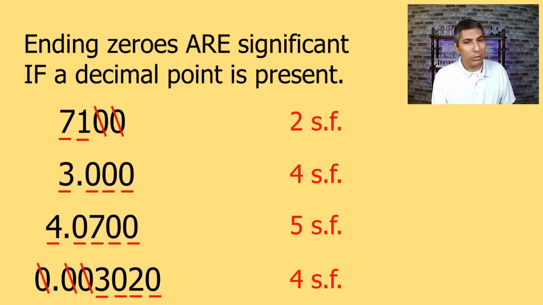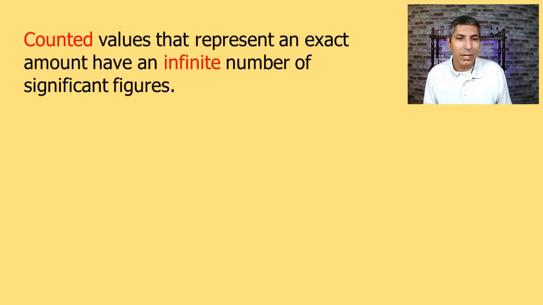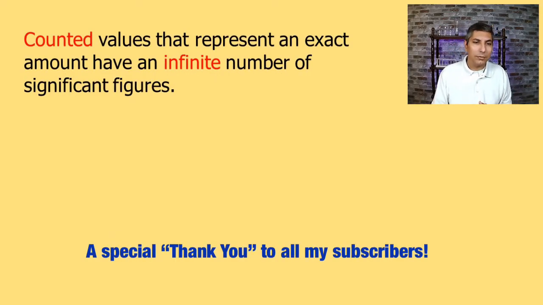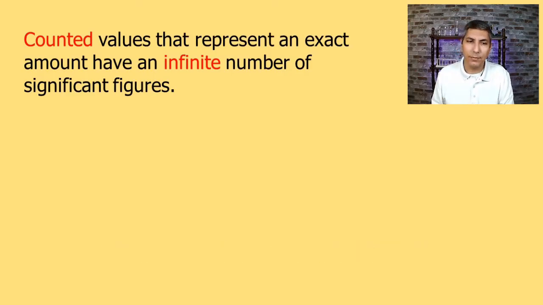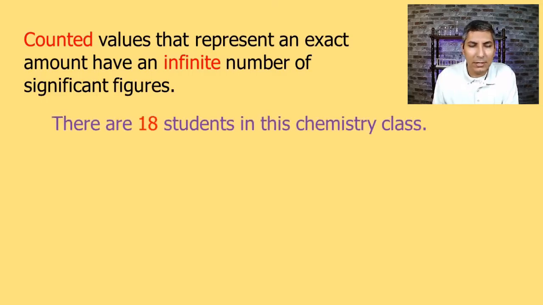Now, there is a special case I need to tell you about. Counted values. Counted values are not the same as measurements. Because you see, counted values represent an exact amount, and they have an infinite number of significant figures. And so what that means is, if I say there are 18 students in this chemistry class, well, that's an exact number.